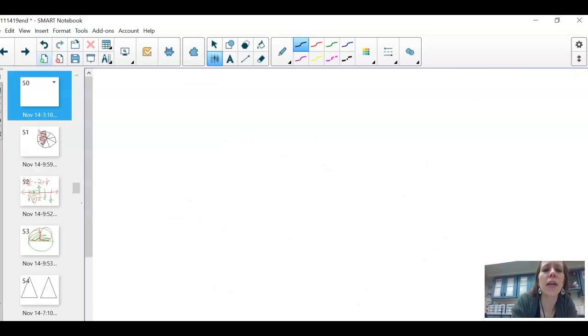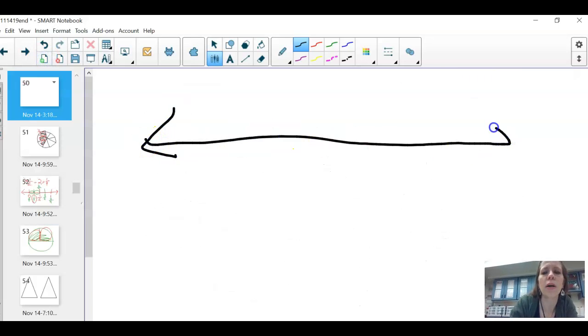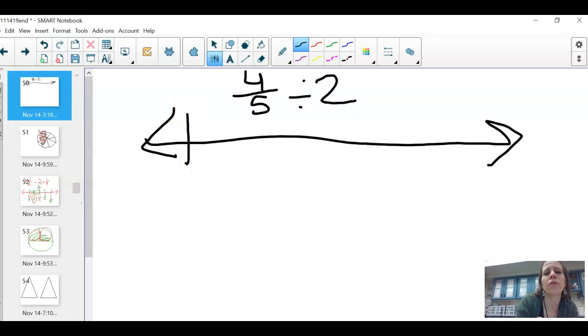Okay, so if I have this, I'm going to model one more for you, and you're going to think about it, okay? You can write if you want to. Okay, but I'm going to try one more. So if I have 4/5 and I divide it by 2, okay? Remember, 4/5 is between 0 and 1.